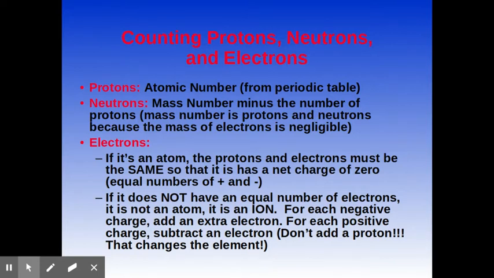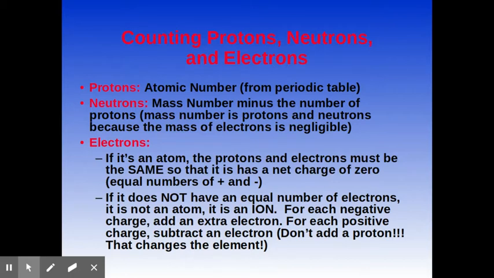What about electrons? Okay, here's where things get a little trickier. If it is an atom, that means it's neutral and protons equal electrons. So net charge is 0, protons equal electrons. If it is not an atom, if I tell you it's an ion, then it depends on what type of ion it is.